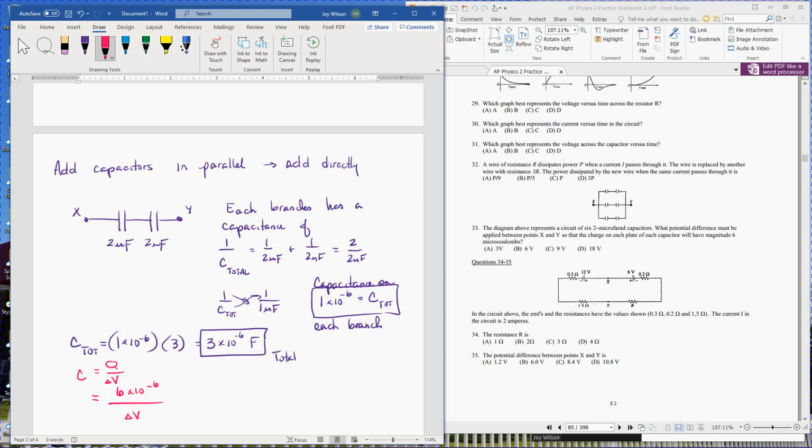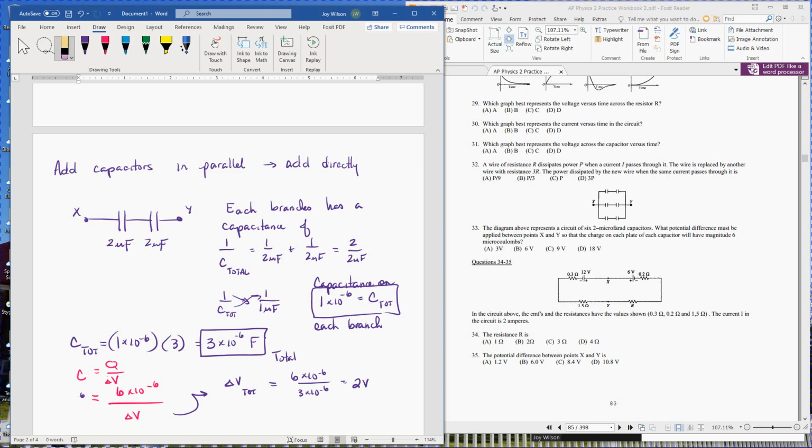And I want to know what amount of capacitance do I need here to figure this out. Well, I know that my capacitors are 3 times 10 to the negative 6th. So the voltage I need to have total needs to be 6 divided by 3, which is 2 volts. That's what you think is going to happen. That's what you'd like to happen.